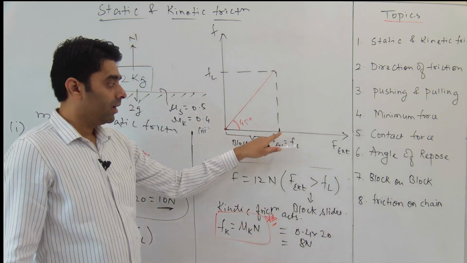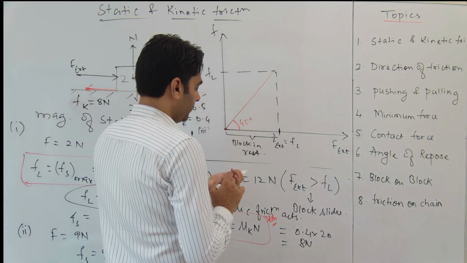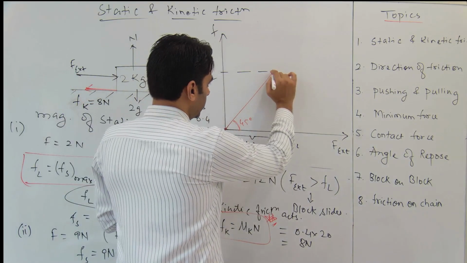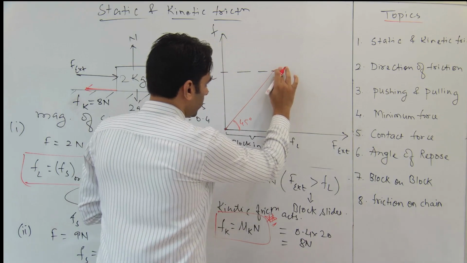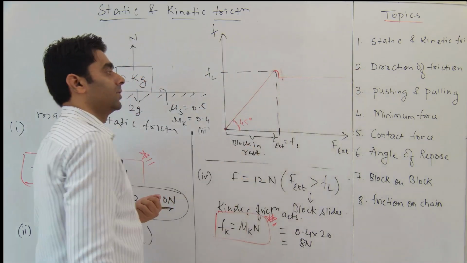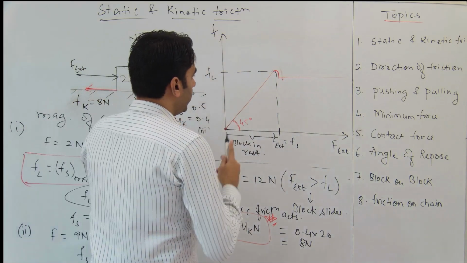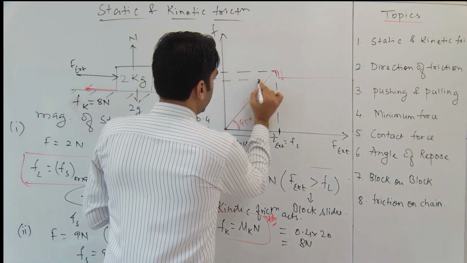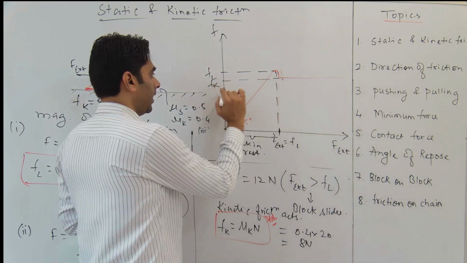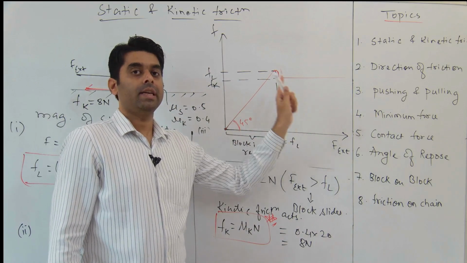After this, once your external force is more than your limiting friction, what will happen? Let us see. This is the situation. This is our kinetic friction value. As you will notice, in this range the block is moving.